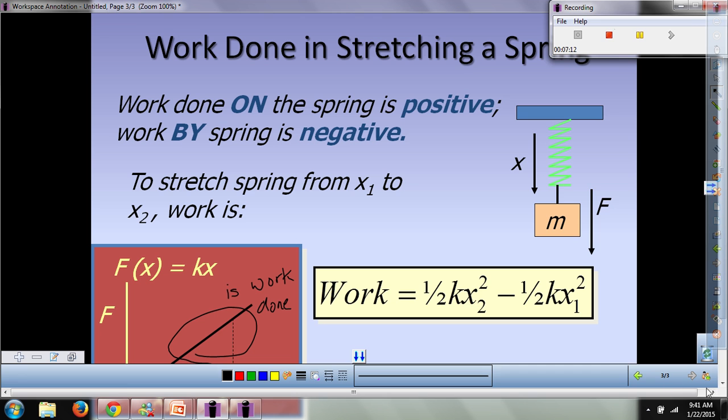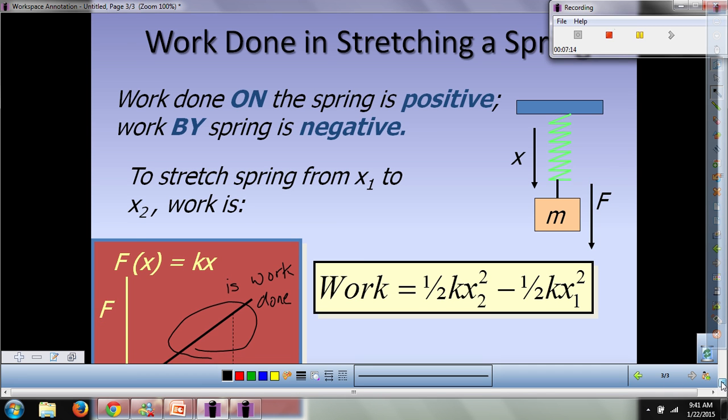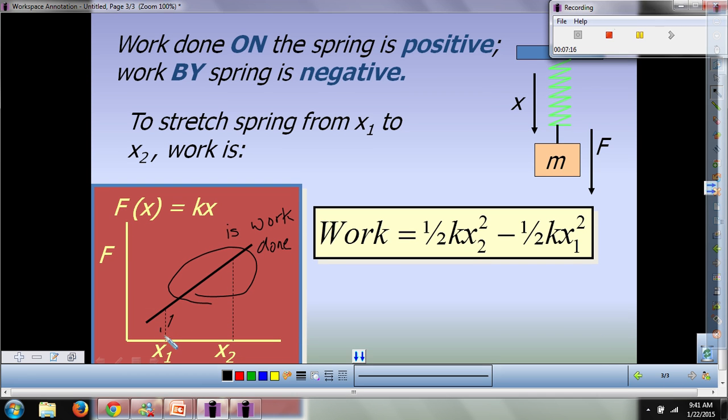So I can maybe roll this down a little bit. Yeah, there we go. So I'm really talking about this area right here. I could split it into a triangle and a rectangle if I needed to get the work done. That's the formula for it. That is how the area under the curve can be useful to us. All right.